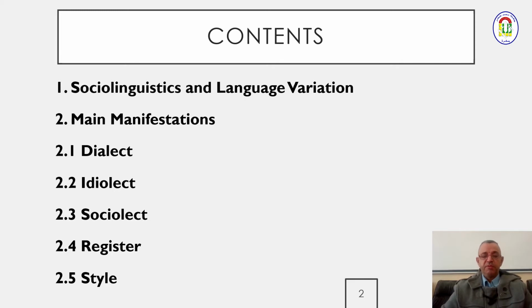Before the contents, let's tell you what the points are to present and discuss, of course, briefly in this theme 3, language variation. So we are going to see sociolinguistics and language variation, point 1. And the second point, we try to introduce the main manifestations of language variation.